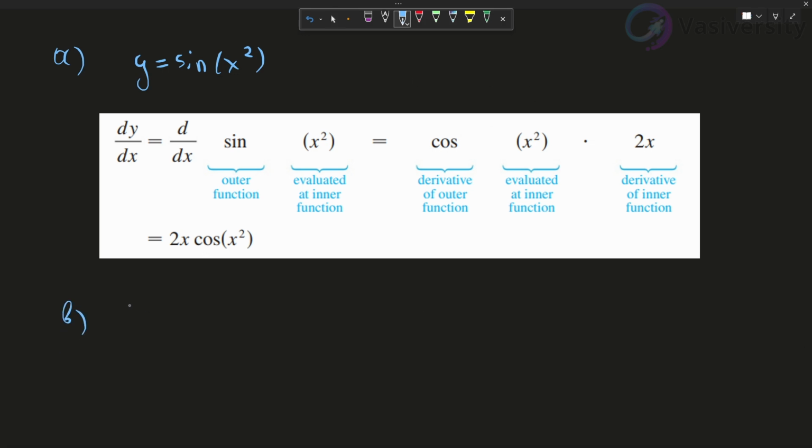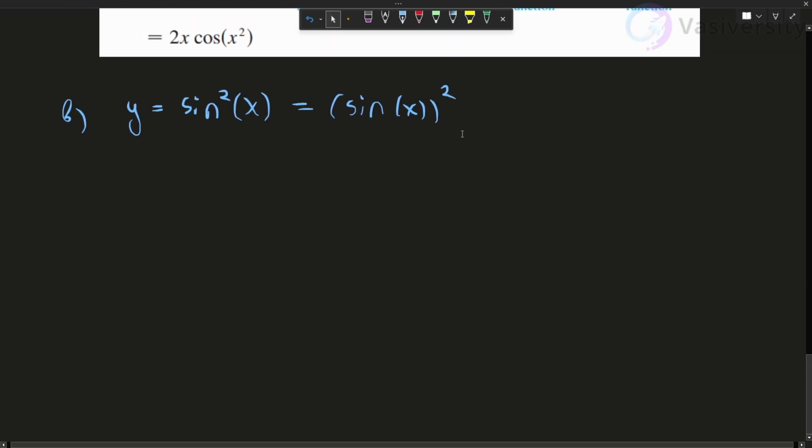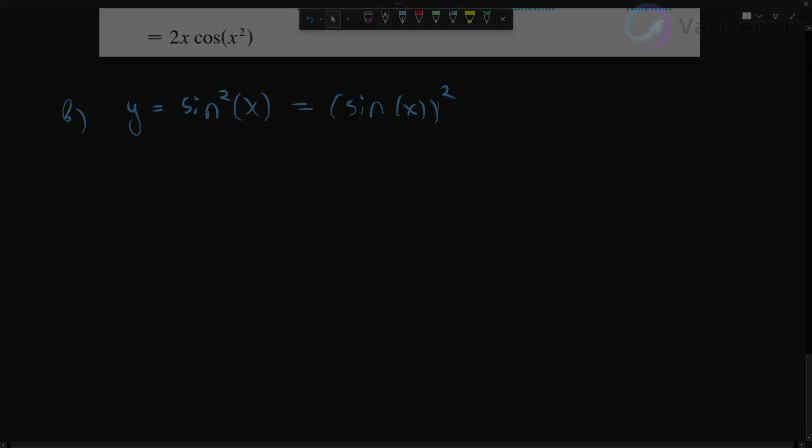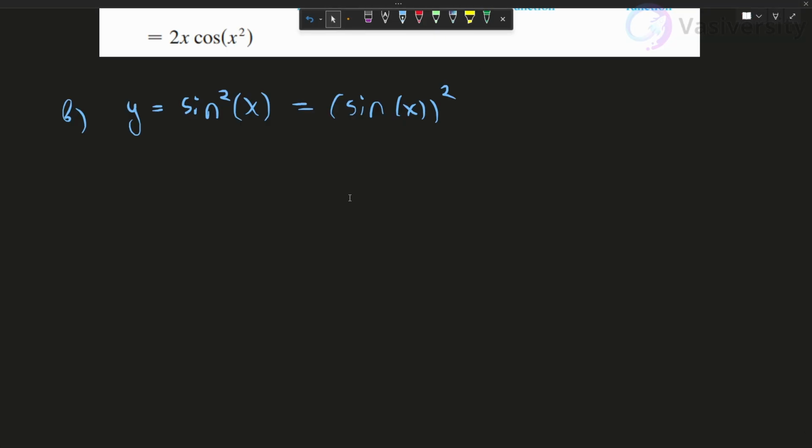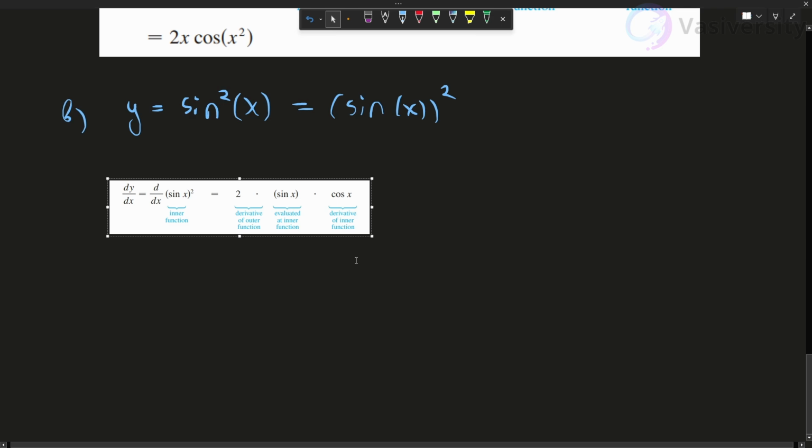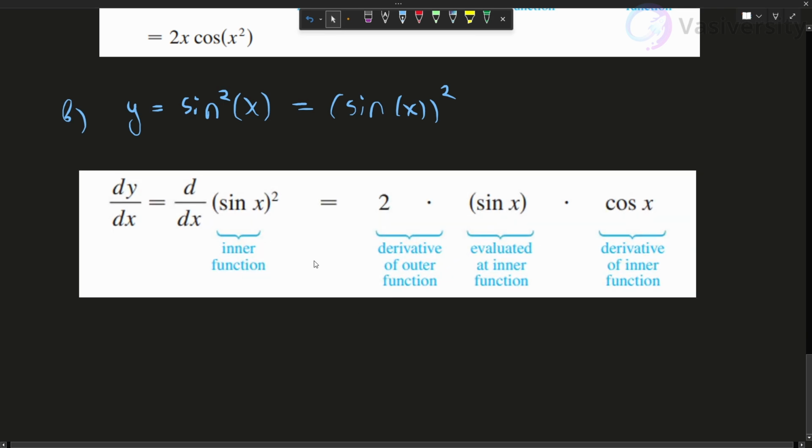Then part B: what about y equal to sine squared x? This one is a little different because now we're squaring. This is the same thing as sine of x, squared. So clearly the outer function is what is outside of the parentheses, and that's the square. Here is a trick; definitely students get tricked by this. We can write dy/dx equal to d/dx of sine x squared.